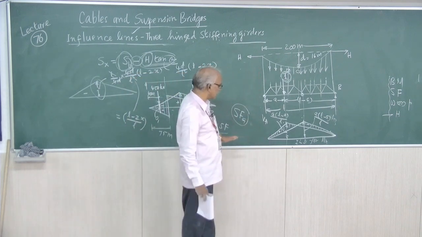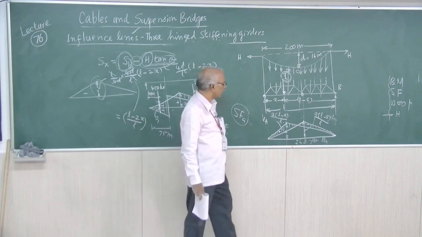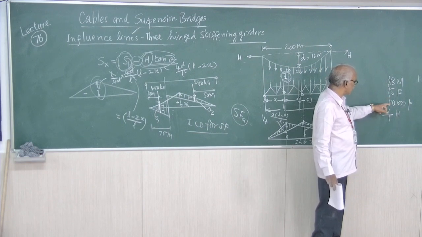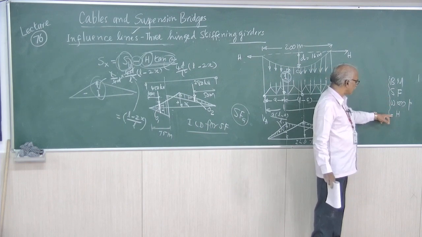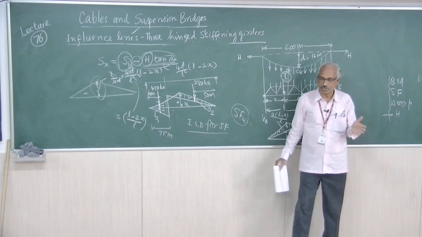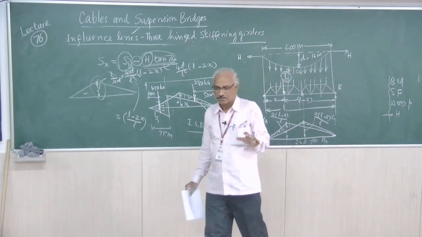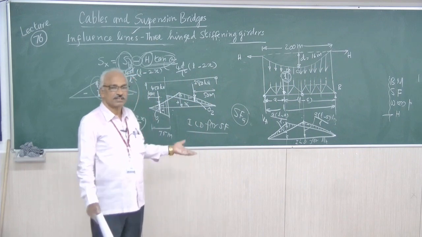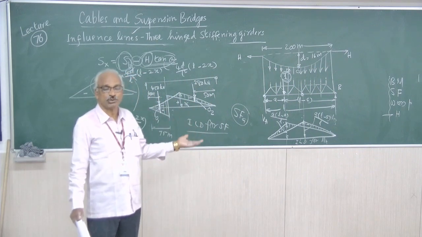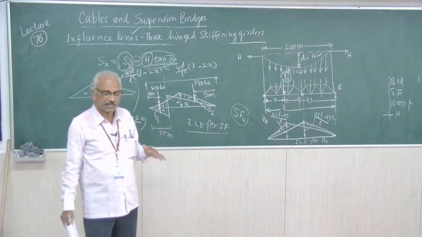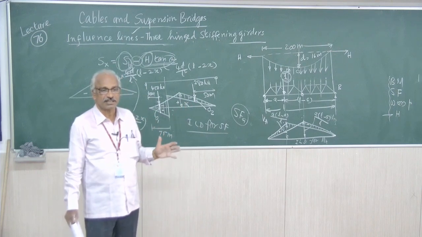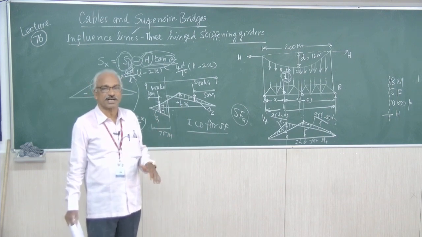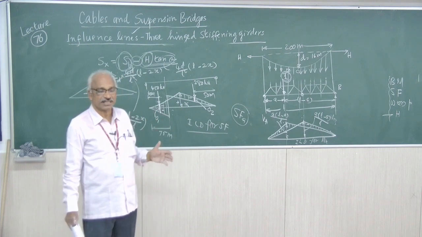Before that, these are the ILDs for bending moment, shear force, uniformly distributed load, and horizontal tension. I have explained how to apply this to a problem done in the earlier lecture. Now you know what an influence line is, and we will take up a numerical example on using it directly in the next lecture, right.